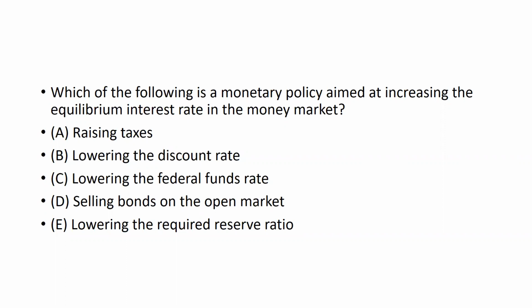I'm going to sell bonds. Money supply is going to shift left, and interest rates are going to go up. Okay, so which of the following is a monetary policy aimed at increasing the equilibrium interest rate in the money market? Selling bonds on the open market. It sucks money out of the money supply. MS shifts left, interest rates go up.